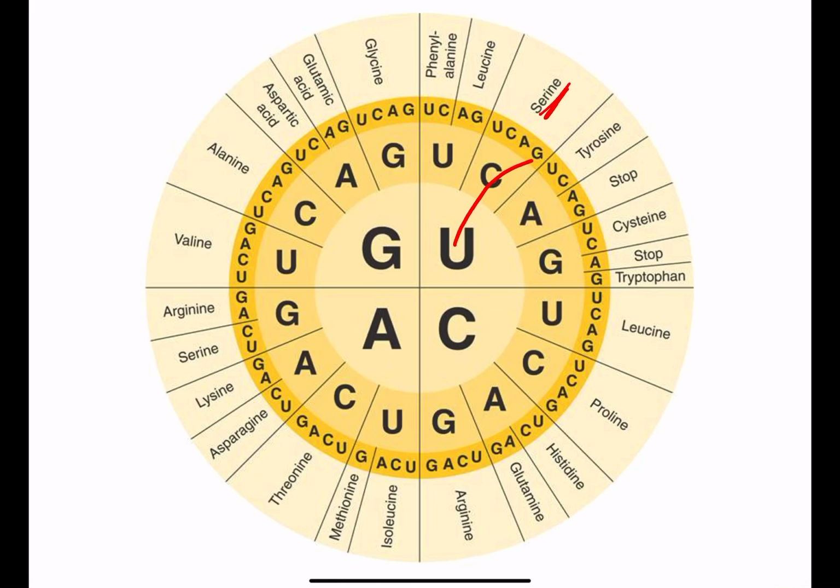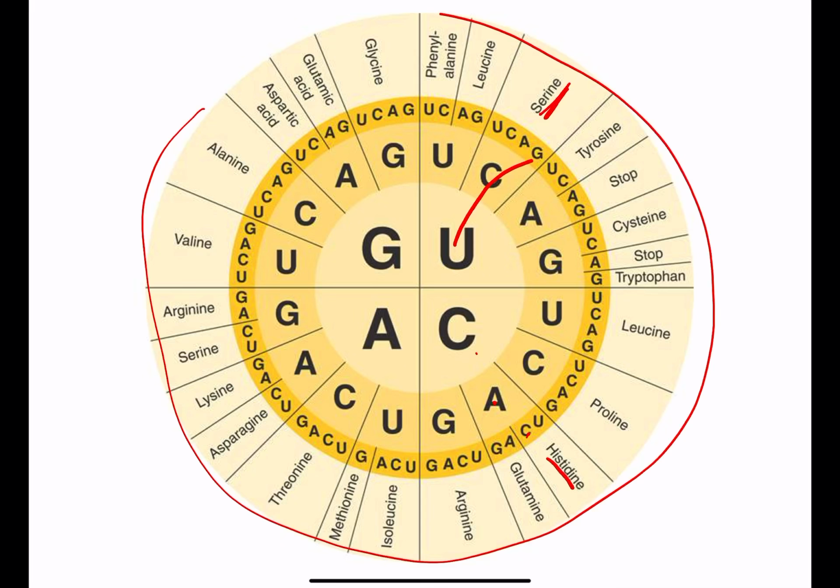CAC is going to make histidine. Okay? Each one of these on the outside is an amino acid. There are 20 amino acids. Okay? Some of them are coded for by more than one thing. So CUU makes leucine, CUC, CUA, CUG.